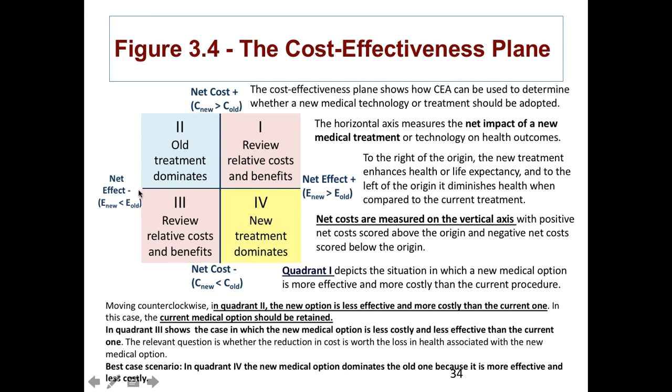As we go from left to right, the effectiveness is larger, and as we go from bottom to top, the cost is increasing. This is called the cost effectiveness plane, which shows how cost effectiveness analysis can be used to determine whether we have to accept a new medical technology or reject it.